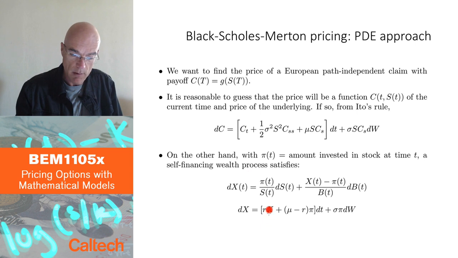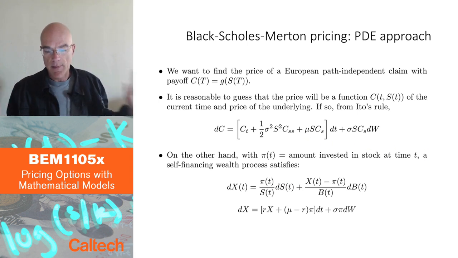I want replication. So write c here, and write S C_S here. First thing to note is the mu term will cancel. I have mu S C_S here, I will have mu S C_S here. When I make these two equal, that will cancel. Mu disappears, which is fantastic.